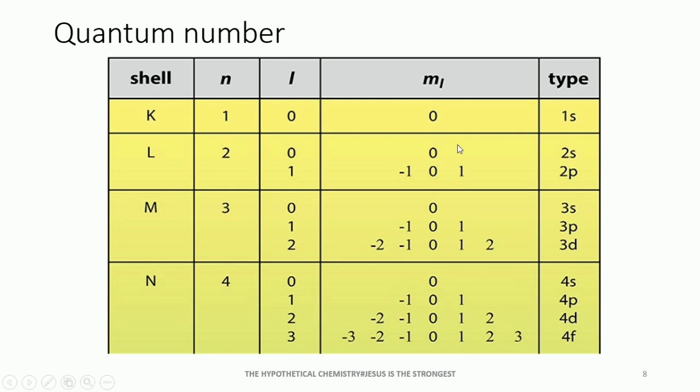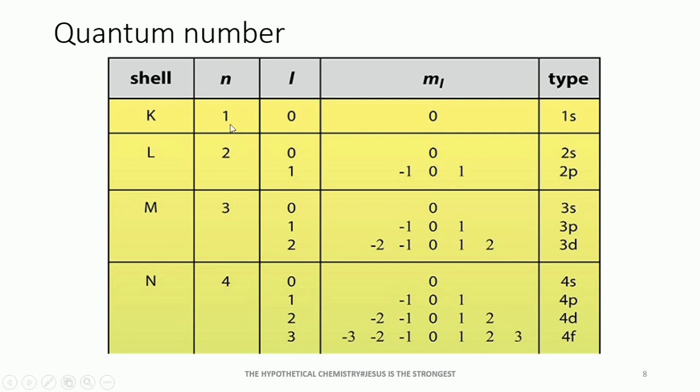All right, so when it is p, that is 1, we have 2p, meaning it's in the second shell. We have 3p, third shell, 4p, that is within the fourth shell, in that order. So we have 3d, which means it is in the third shell, 4d, fourth shell. 4f means that the f orbital is in the fourth shell. Looking at principal quantum number 2, we have only 0 and 1, meaning we have only s and p subshells within the second shell.